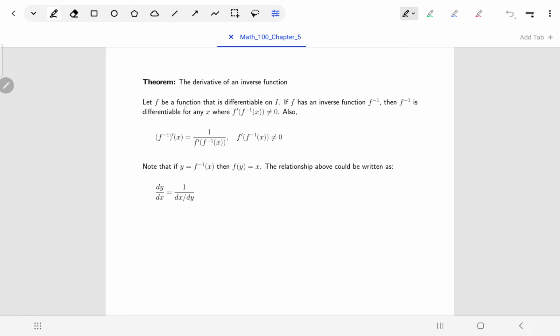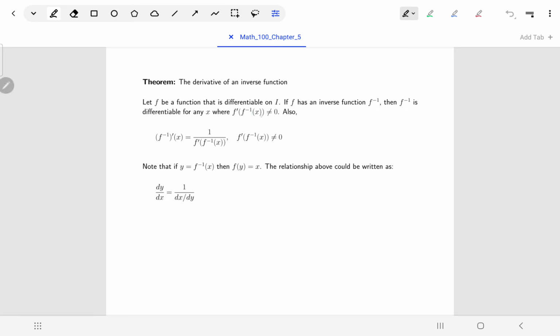We already knew that if f was invertible and differentiable, then f would have an inverse that has a derivative, as long as f's derivative itself was not zero, right? That was the earlier theorem we had, that wherever f was differentiable and not zero, then f inverse would also be differentiable.